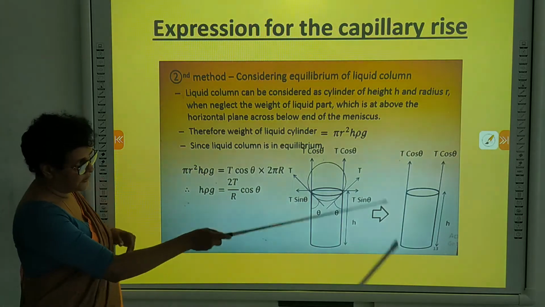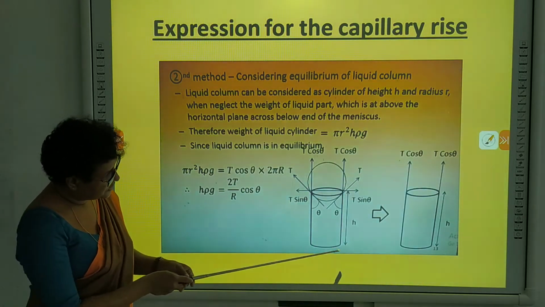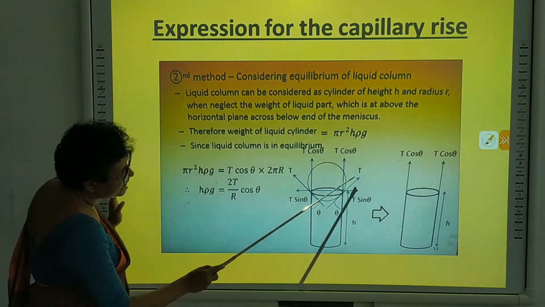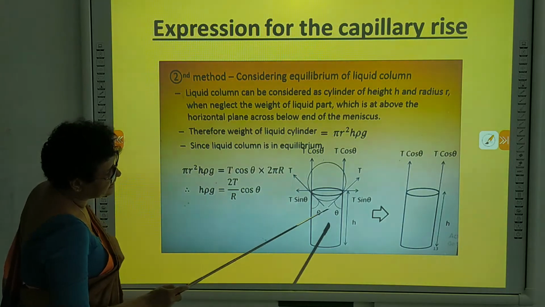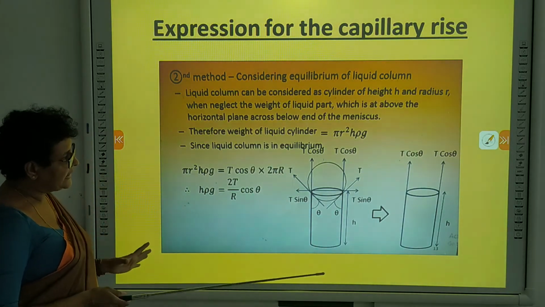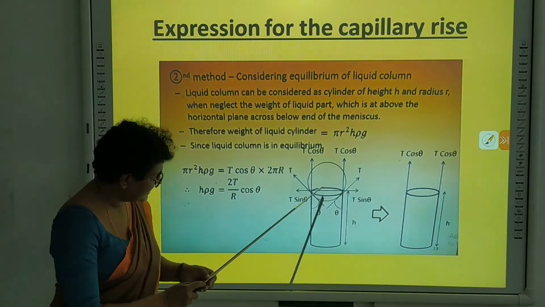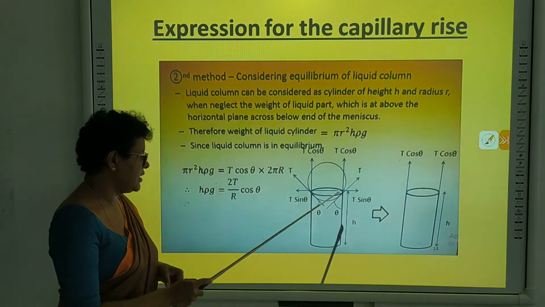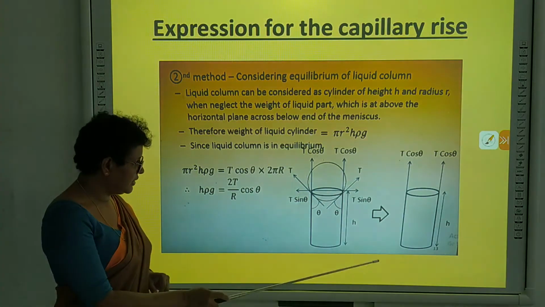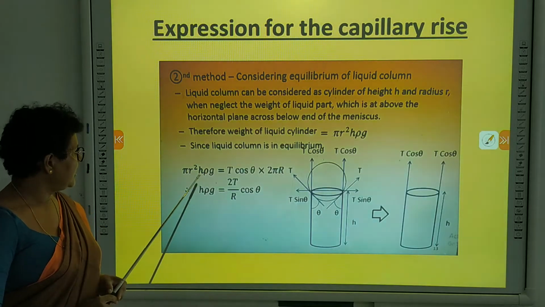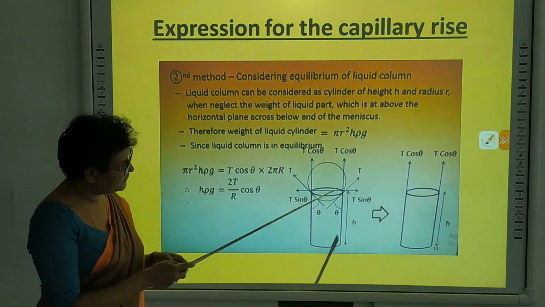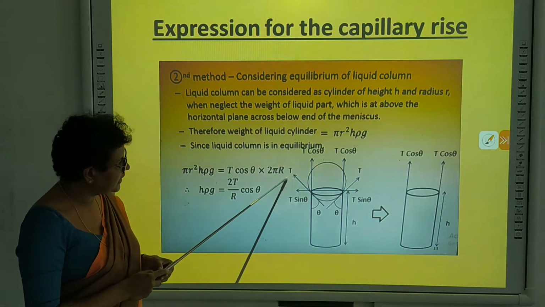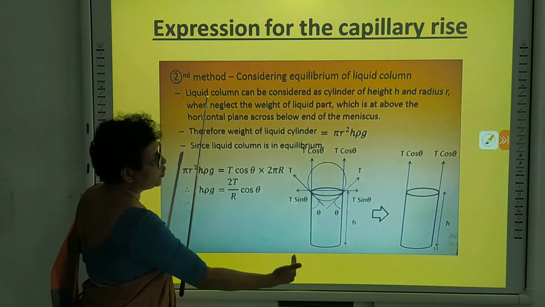Again, consider the capillary tube. Now the rise is h, with angle theta. Here you have the surface tension forces. We consider the weight of this liquid column, that is h into pi r squared into density of the liquid into gravity, pi r squared h rho g, and the tension forces all around the circumference, that is 2 pi r into T cos theta, only the upward forces.